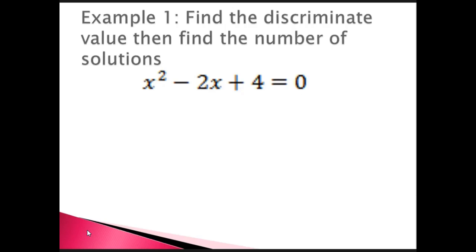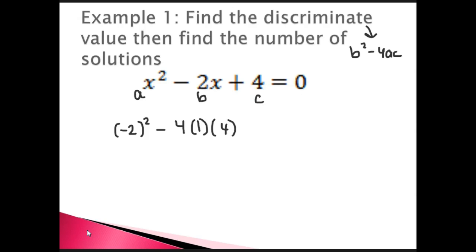So example number 1, find the discriminant. So step 1, is it set equal to 0? Yes. Step 2, you need to know what A, B, and C are. So A is always with x squared, B is always with x, and C is no variable. So the discriminant is b squared minus 4ac. So I'm going to plug in b, minus 4, A is 1, C is 4, and I'm going to get a number answer.